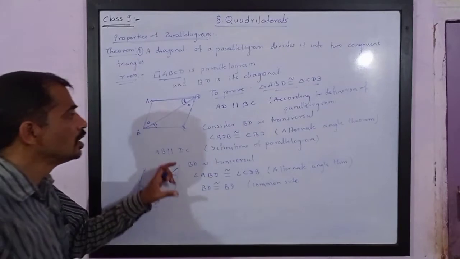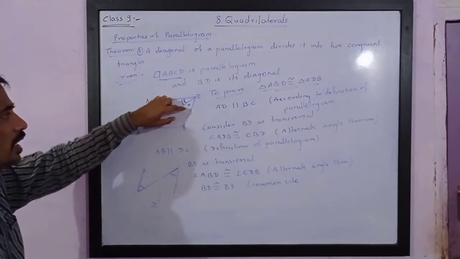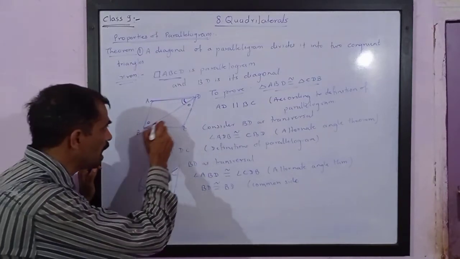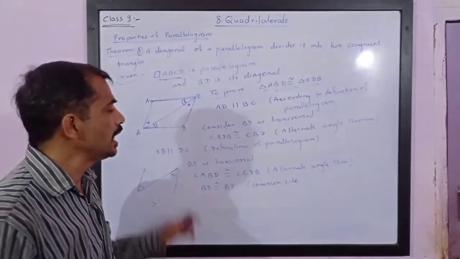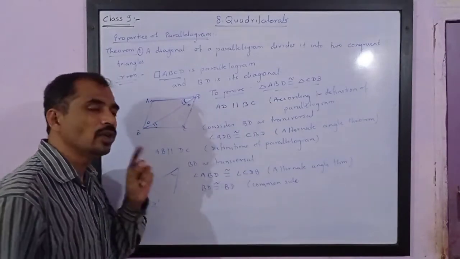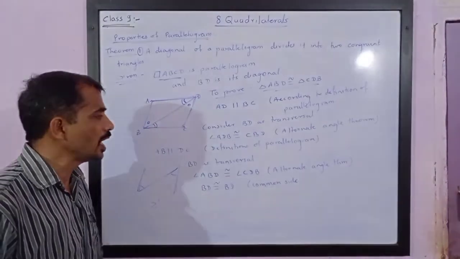So please note, we have got two angles congruent and the side included by them is congruent. So these two triangles are congruent by the angle side angle test. For this, one-to-one correspondence is very important. How to write it, I have already told.